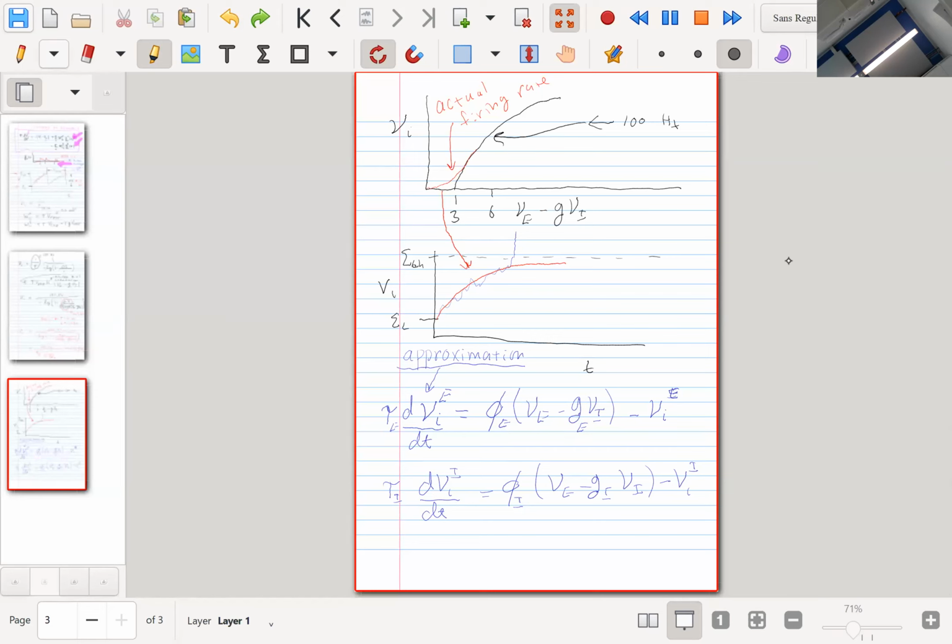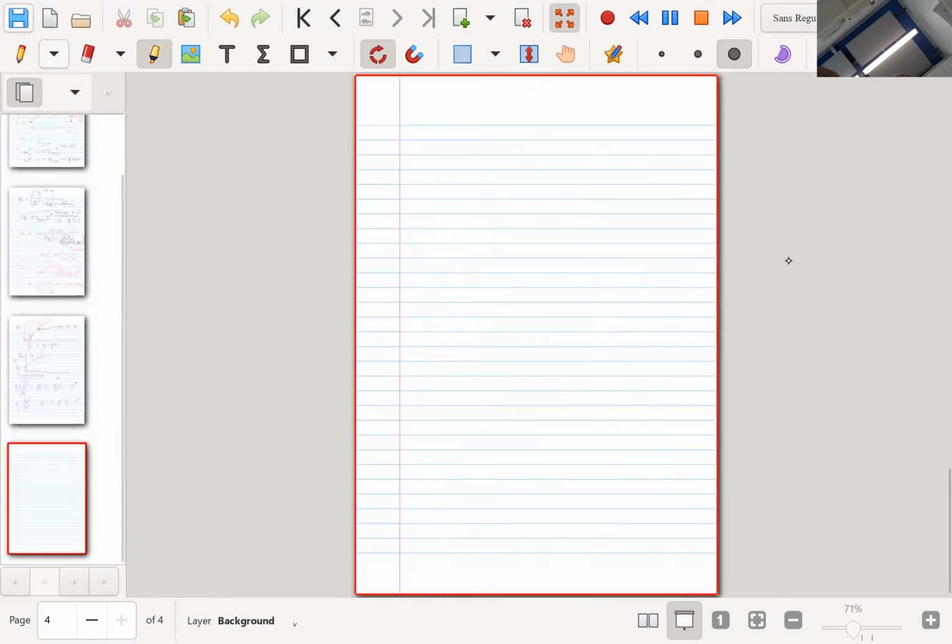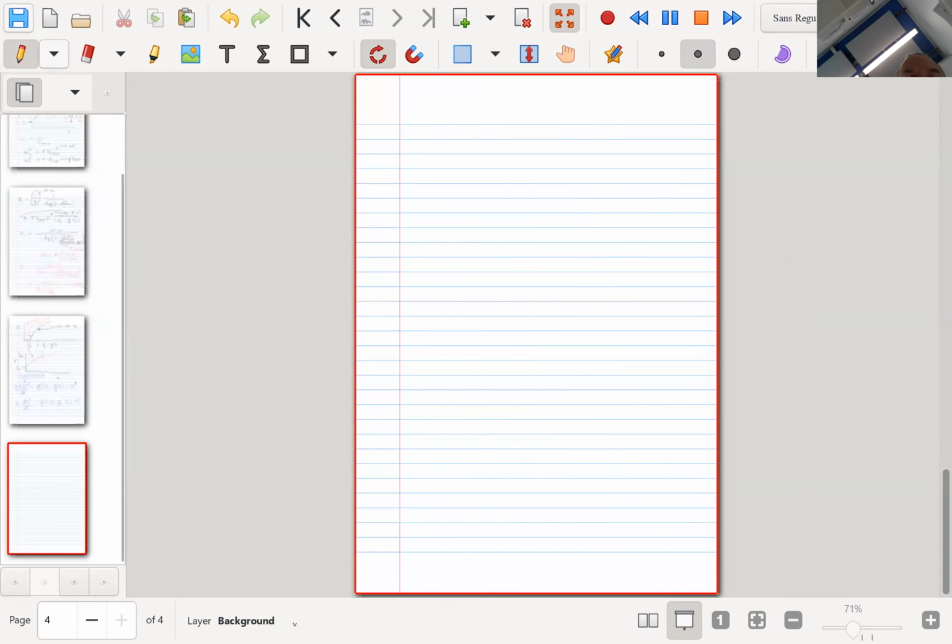I'm going to do that on the next piece of paper. So we have tau_E d/dt of nu_E,i equals phi_E, I'm not going to write its arguments, minus nu_E,i.